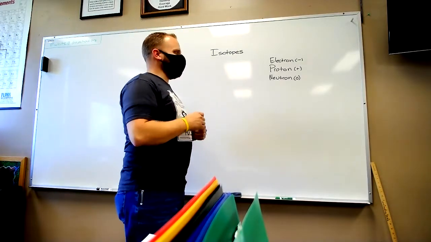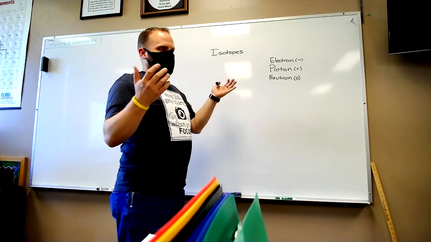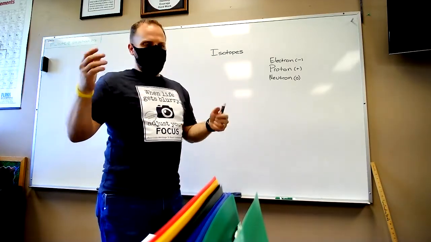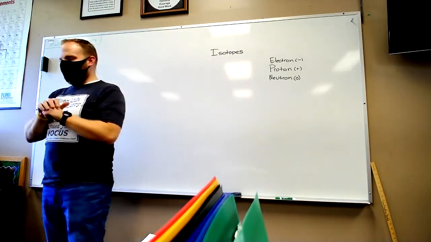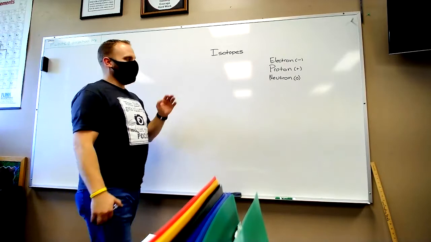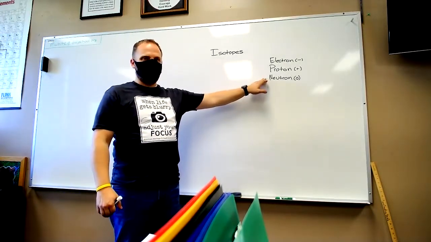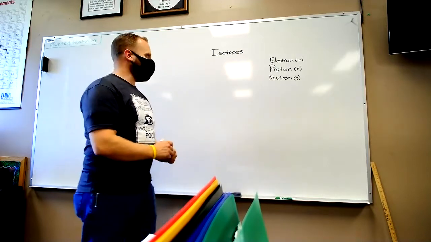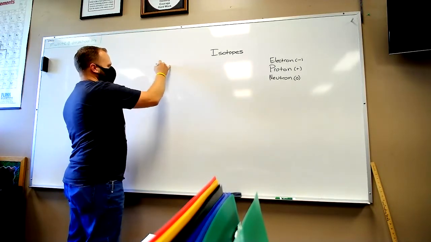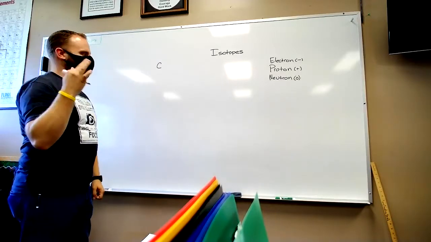And the interesting thing is, if we go back to carbon, we said every single carbon atom has 6 protons. Well, we can have different numbers of neutrons. Okay? So carbon comes in 3 main varieties. Okay?